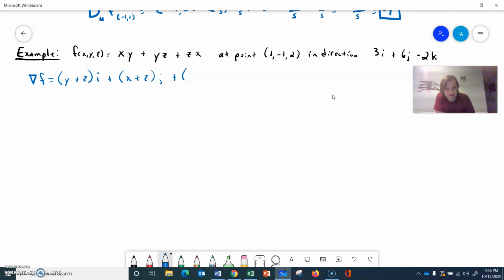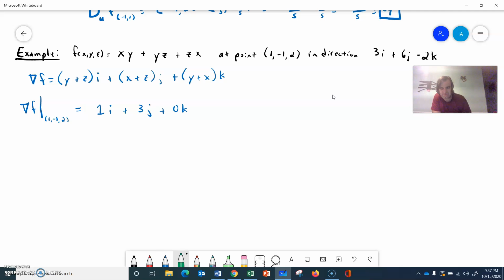And there's a k part in this one, which will be y plus x. And now we need to plug in our point, which is 1, negative 1, 2. So the i part will be 2 minus 1, so that'll just be 1i. The j part will be 1 plus 2, so plus 3j. And the k part will be x plus y, so that'll be 0k, which I'll throw away.